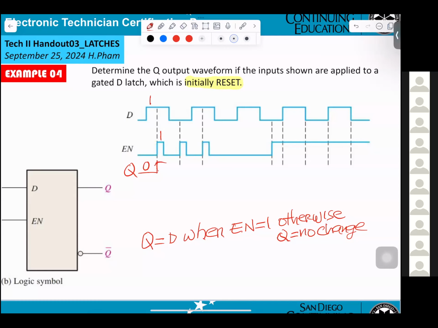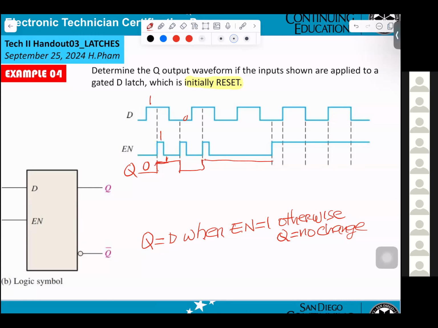And enable 0, Q no change. And enable equal to 1, D is 0, Q equal 0. See that? And 0 here.